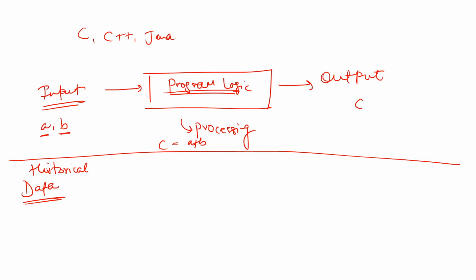Let's say the mobile phone is denoted by X, the screen guard by Y, and the back cover by Z. So whenever a product X is bought, product Y and product Z are also bought. This is the historical data you have.